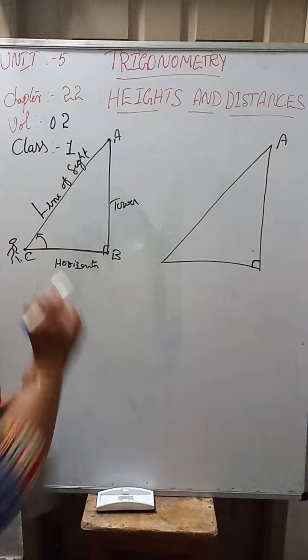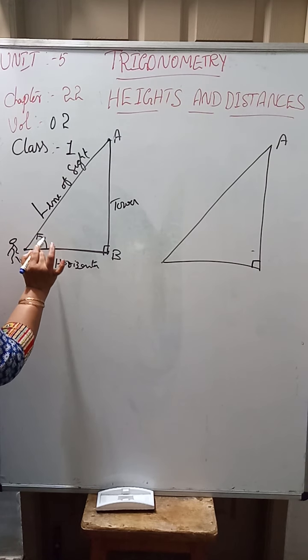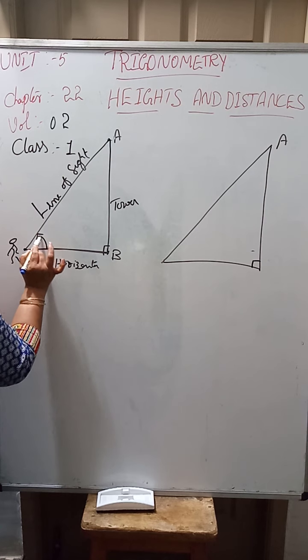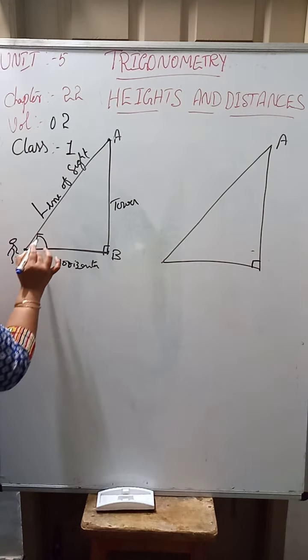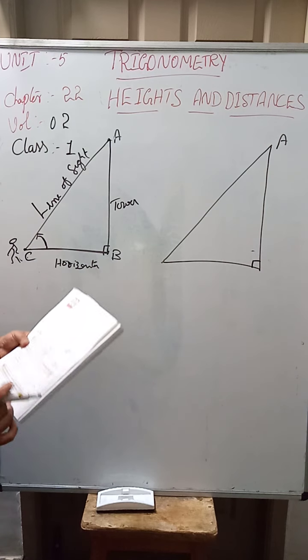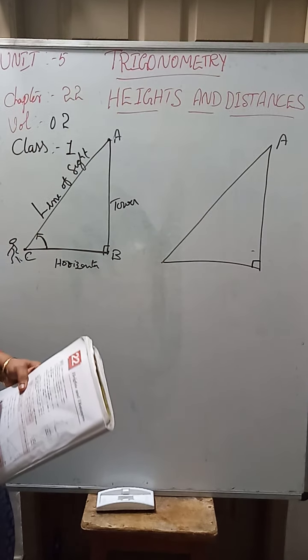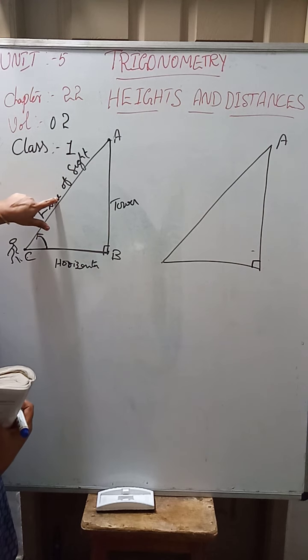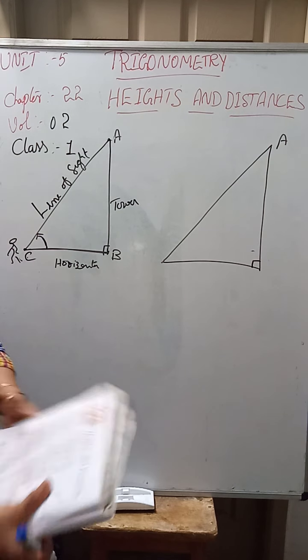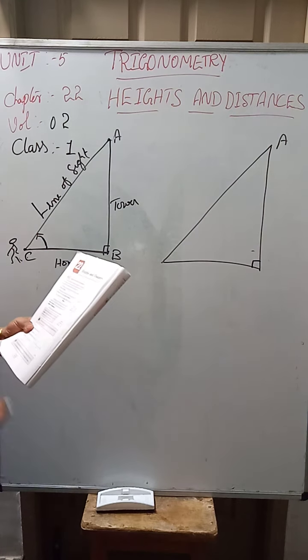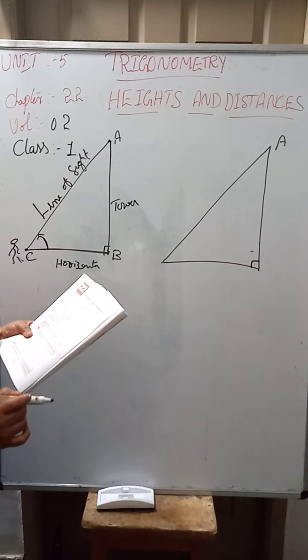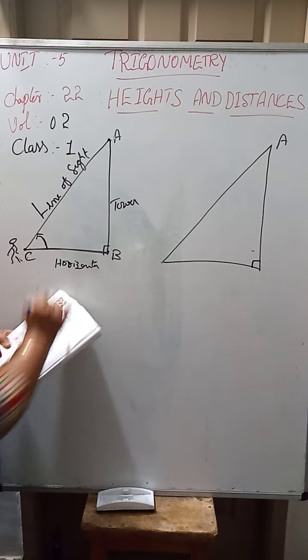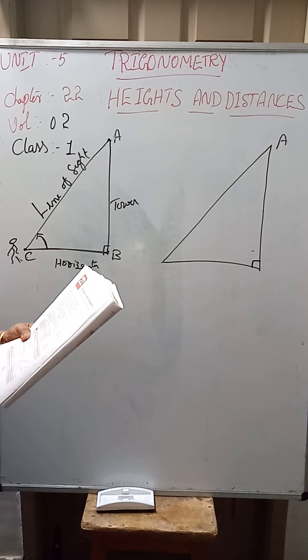The angle between the horizontal and the line of sight is said to be the angle of elevation. Therefore, in the given triangle ACB, the angle ACB is the angle of elevation.